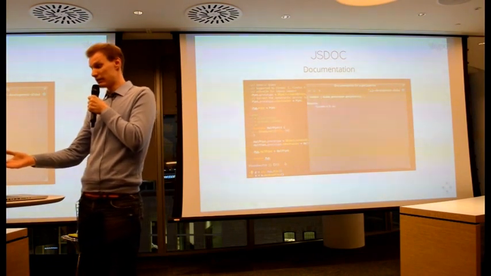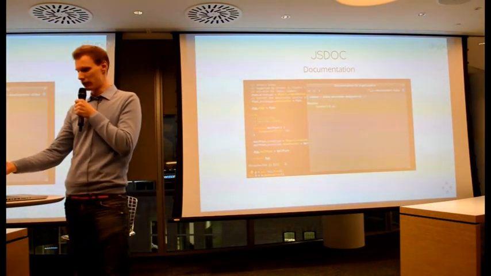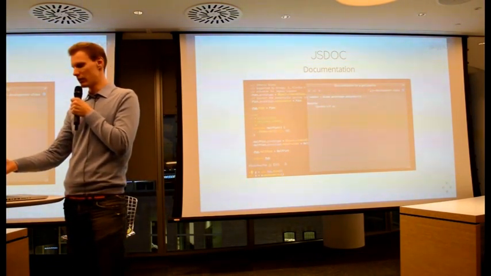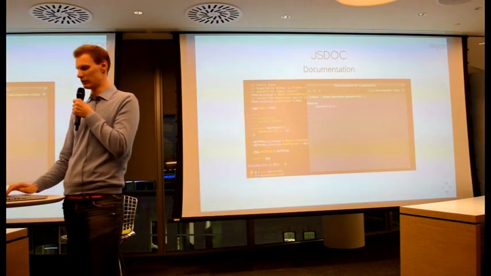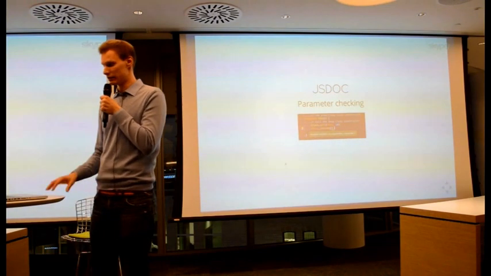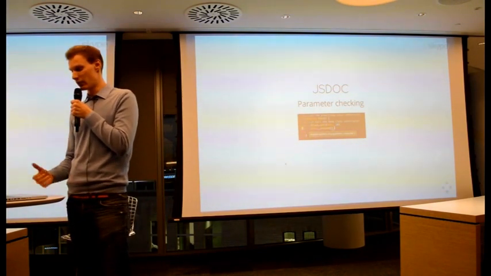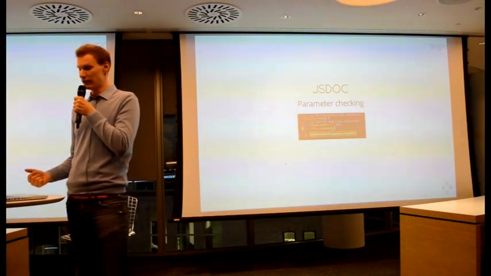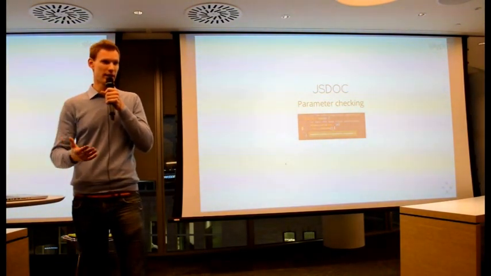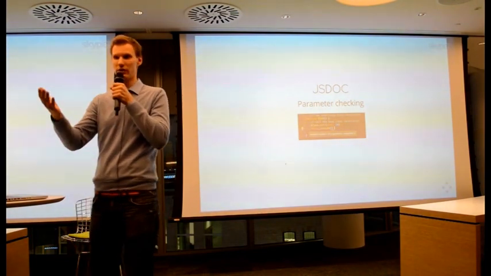And another thing is that it can show you the documentation for a method. For example, here it shows us that it will return a number, that it returns quantity in fluid ounces, and so on. And it also does, for example, parameter checking. So consume has a parameter which is a number, and it has not been specified. So my IDE can tell me, look, you should actually be setting a value.